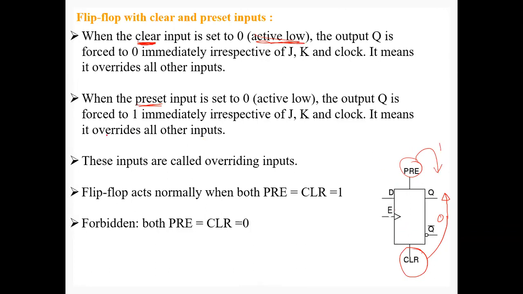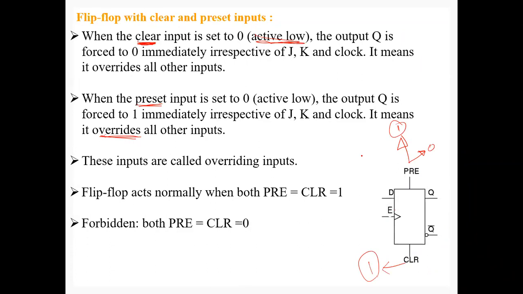Meaning it overrides whatever data we have here. Okay, so you can either choose preset equals 0 or clear equals 0. What happens if both of them are 1? It means none of them are active, right?